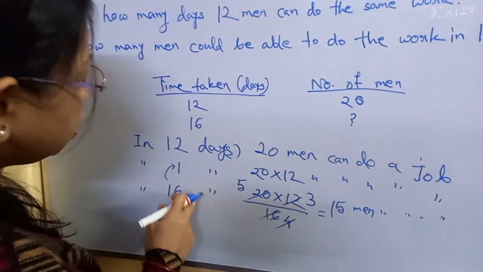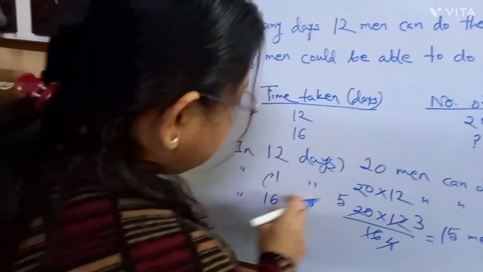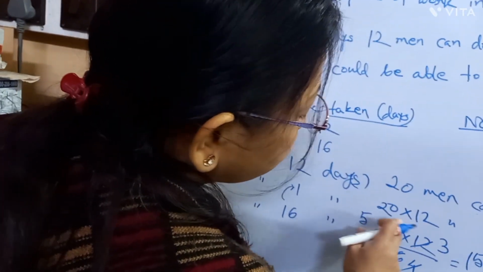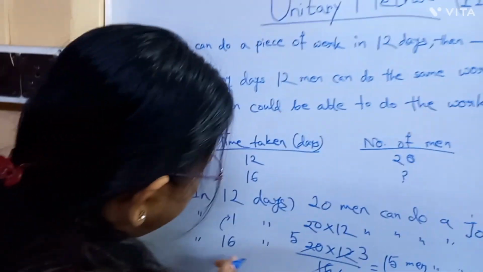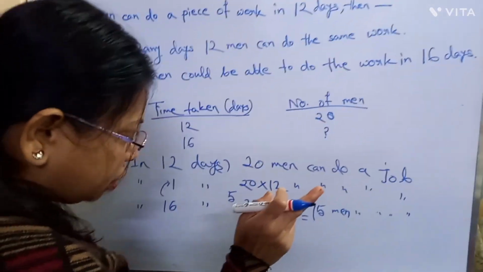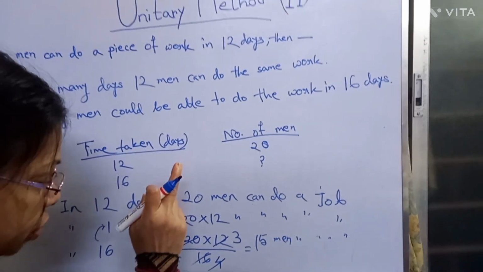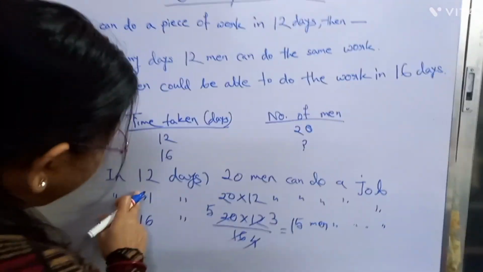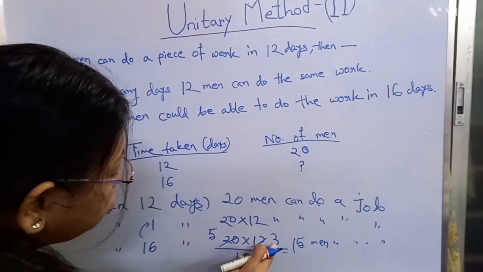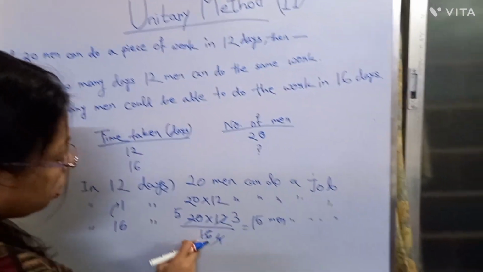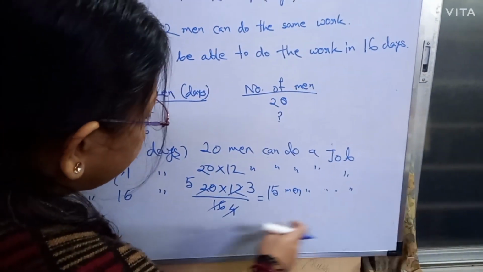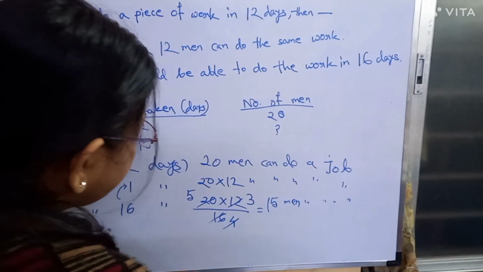Have you got the point? To complete in one day, more men will be required, so I multiplied it. Then in 16 days, always compare it with 1, because this is the unitary method. According to the definition, I will always compare with 1. So in 16 days, 20 into 12 by 16. In 16 days, how many men are required? 15 men are required.